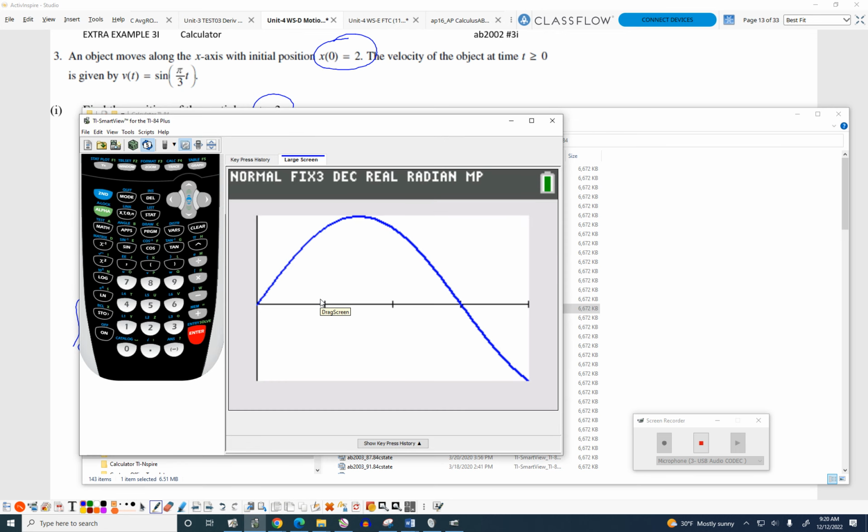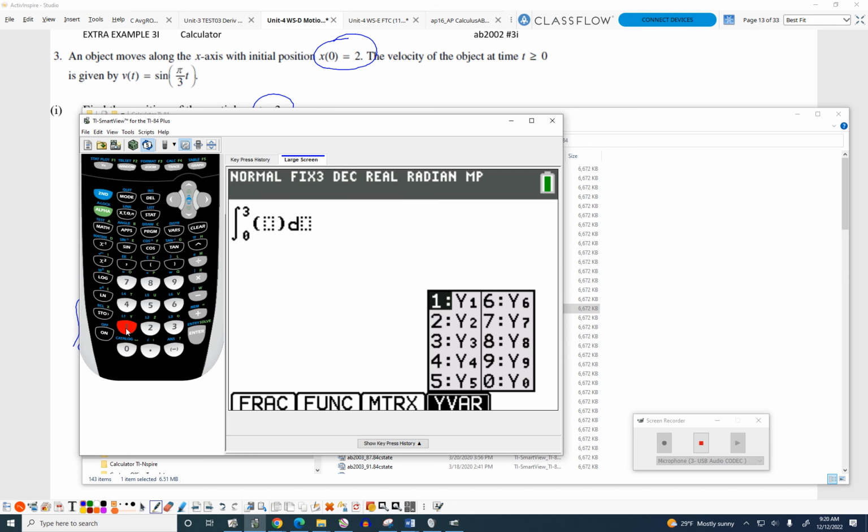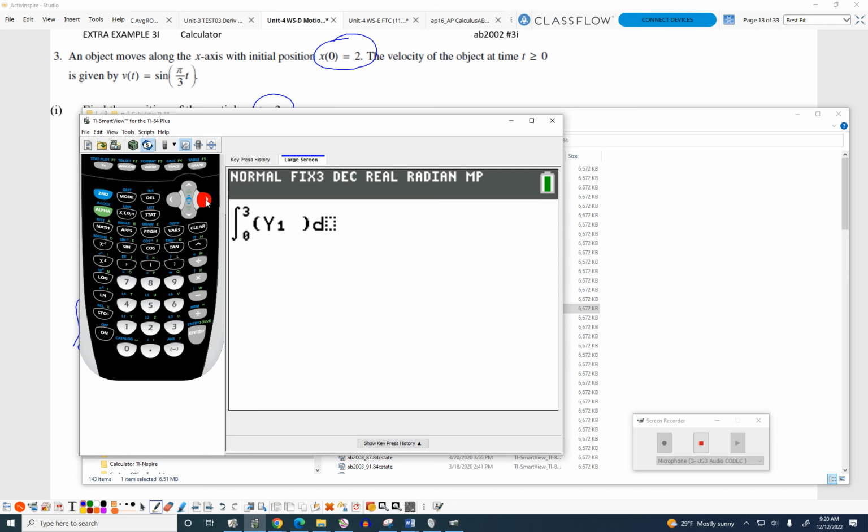And you go to the main screen, clear that off, Math 9, 0 to 3, integrate the velocity, which is in Y1. 1.910.